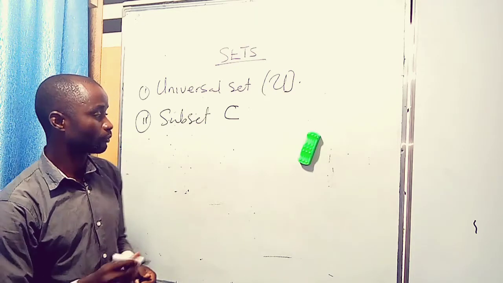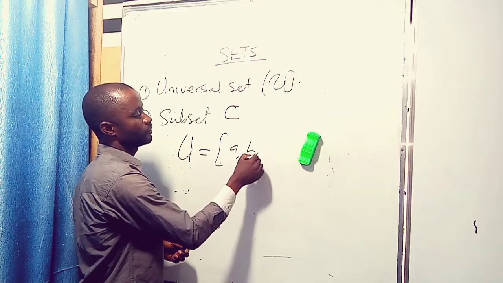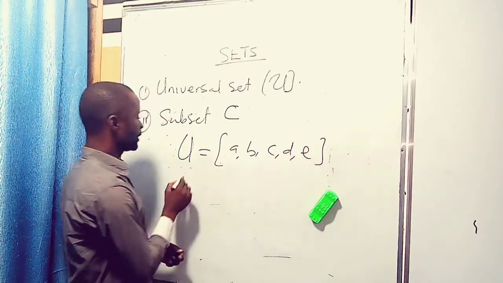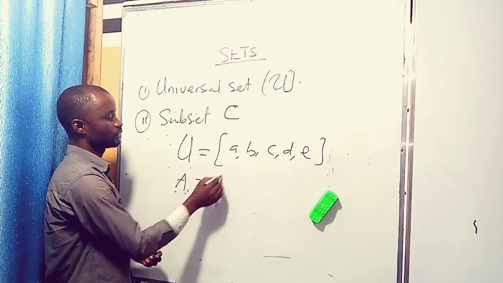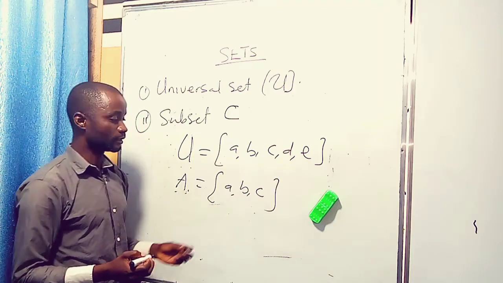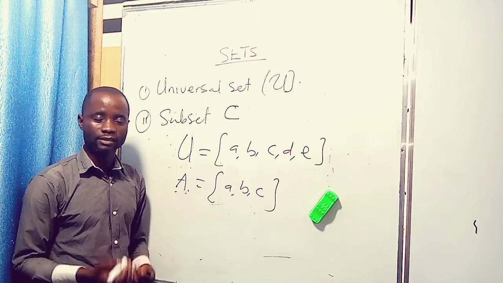For example, assume your universal set is defined as A, B, C, D, E. And then here we have A given as A, B, C. That shows that A is a subset of this universal set.